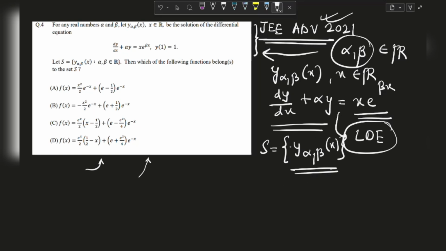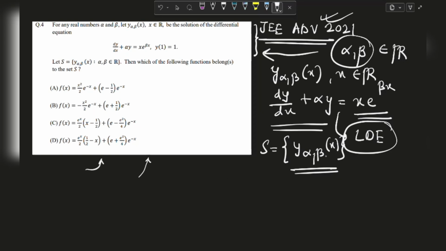You should remember, there is no restriction provided on alpha and beta. I guess this question was multiple correct also, which means out of A, B, C, D, more than one can be correct if you find out all the cases of alpha comma beta.